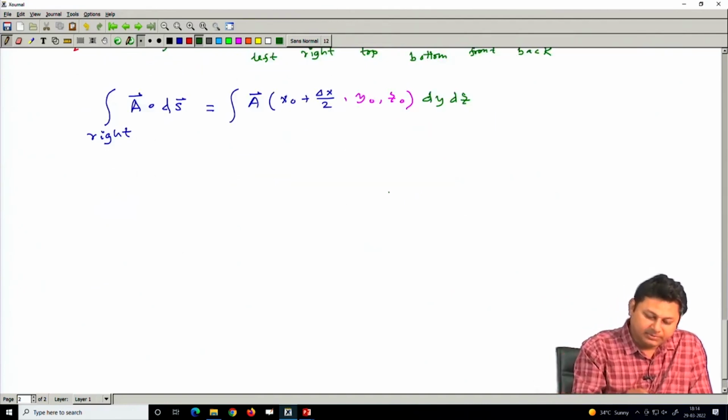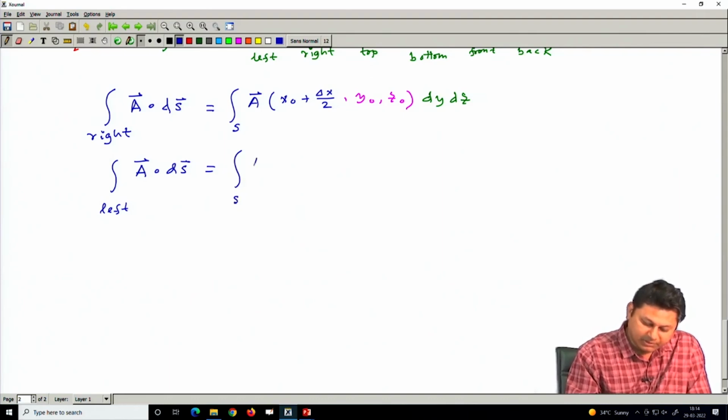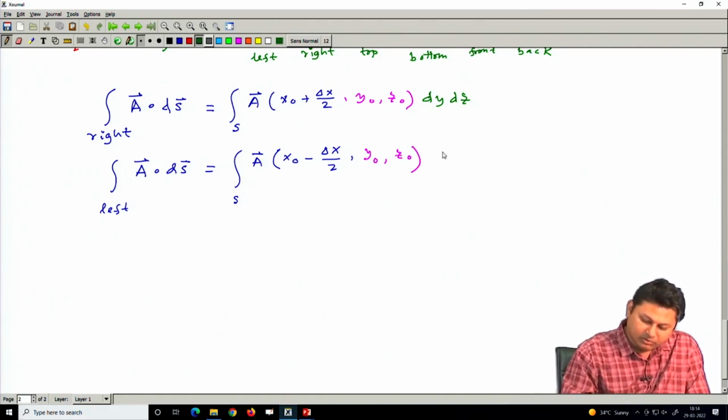Now, what about the left surface? If I calculate for the left surface the same quantity A dot ds, this is a surface integral, so I should put a surface here. For the left surface I have A, and now the value is at the other surface. So, this value should be evaluated at this x point, while the y point and z point are the same, there is no change in this. And finally, we have dy and dz.